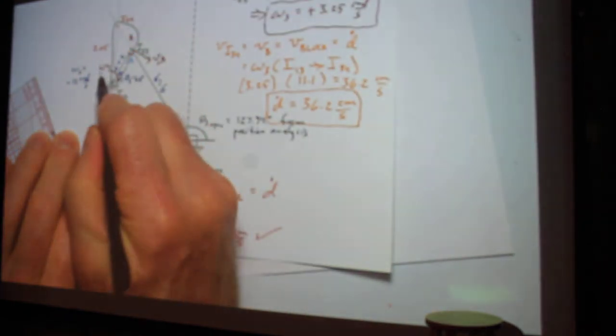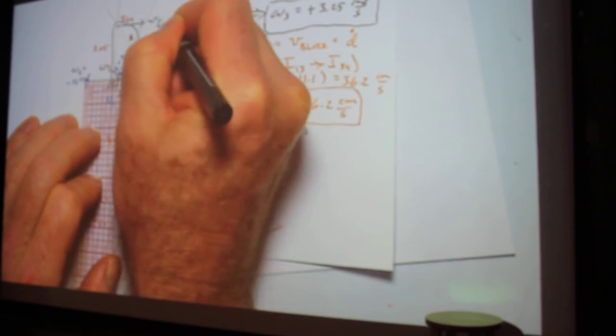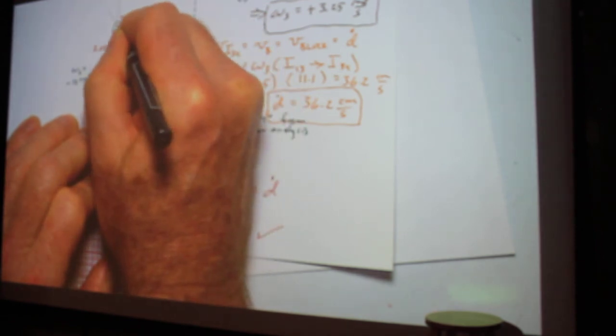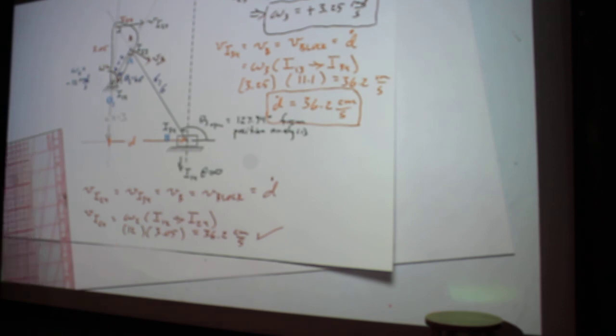And because my omega 2 is going like this, this right here is the velocity of I24. It has to be perpendicular. Okay? And the other thing I know is that it's always going to be either at 0 degrees, which it is now, or 180 degrees, meaning the other way around. Always. All right? So there's going to be no imaginary component.